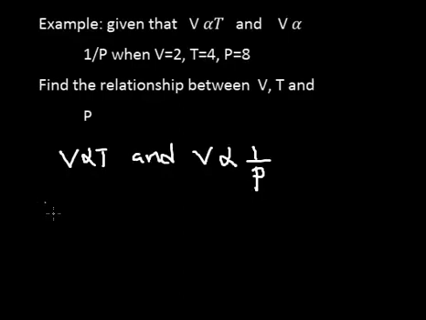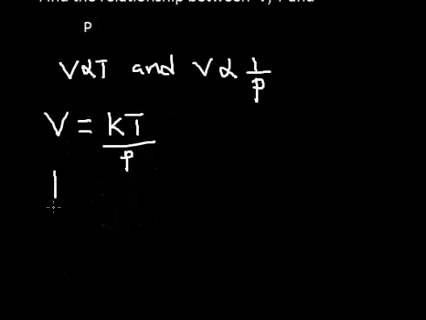So first of all, let's create the relationship. That simply means that v is equal to kt all over p. I need to get this constant because that is what will help me get anything I want. If I cross multiply, the constant is going to be pv divided by t. I've done this before.